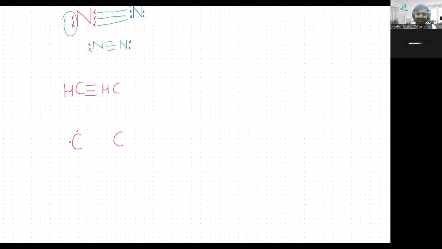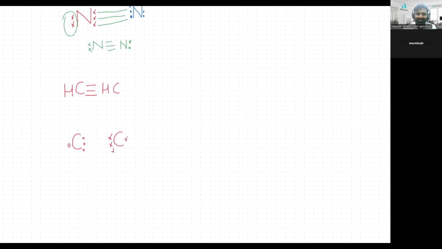Because it forms 3 covalent bonds, you will write 3 electrons here, because there are 4 electrons in the valence shell, and you write 1 electron here. With this carbon, you will write 3 electrons with the cross and 1 electron like this.